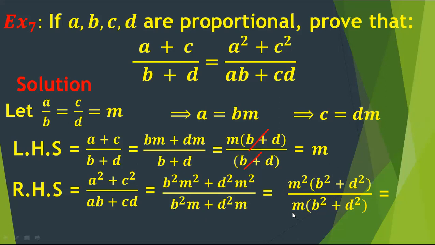M power 2 divided by M: when we multiply the same base, we add the powers, but when we divide the same base, we write the base M and subtract the powers. Then M power 2 divided by M equals M. Then left hand side equals right hand side. Any questions?